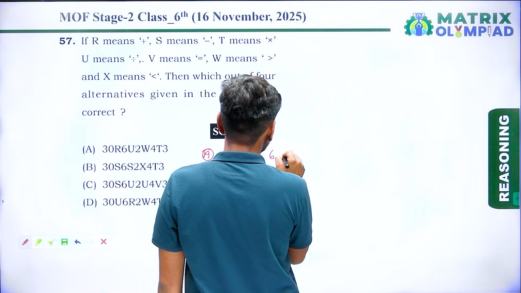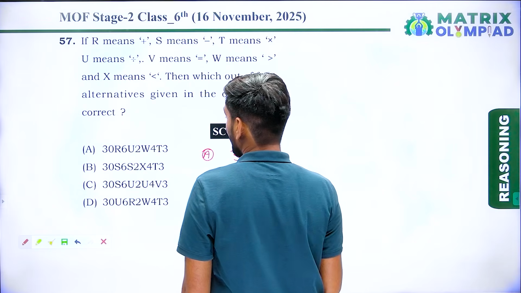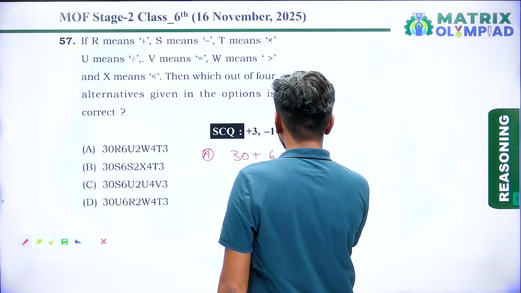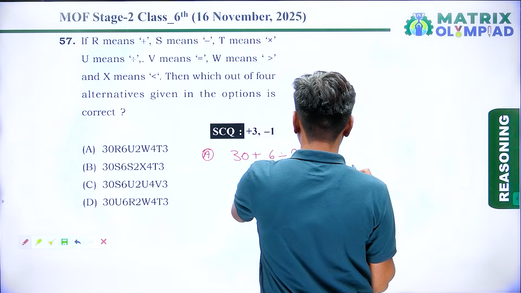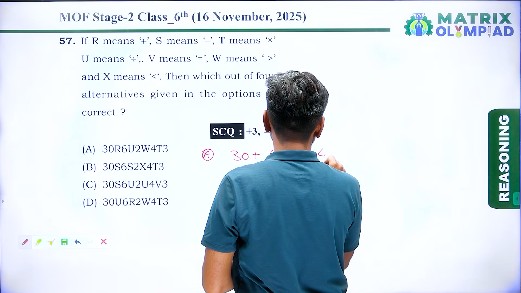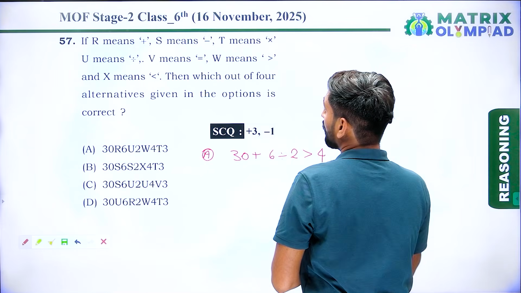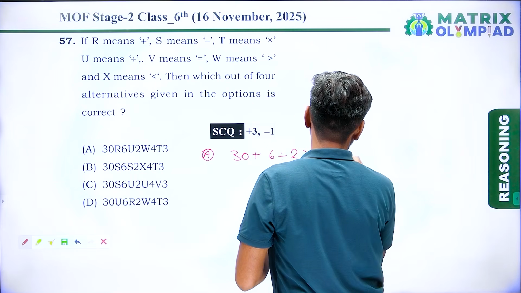Then we have 6. Then for U, we have to put divide. Then next we have 2. Then for W, we have to put four. Then for T, we have multiply, and lastly we have 3.